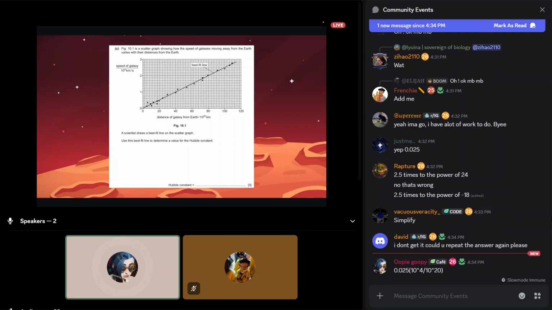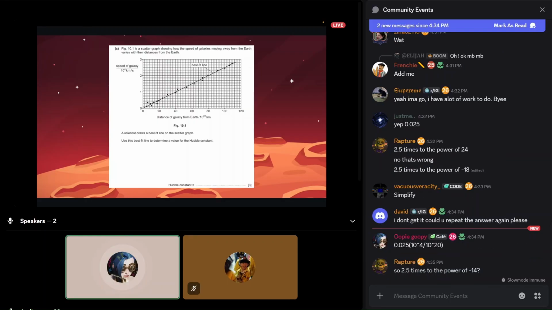So it's 4 minus 20 for the power of 10. So 0.025 times 10 to the power of negative 16. That should be your answer, because 4 minus 20.